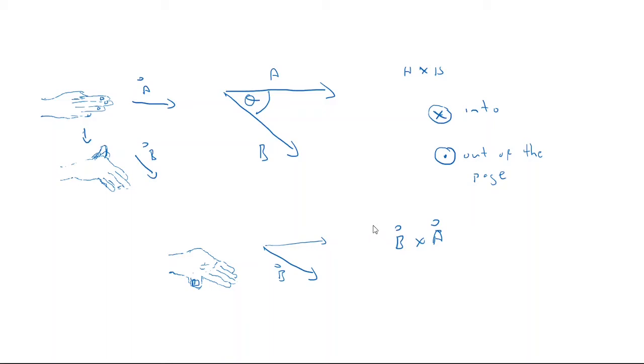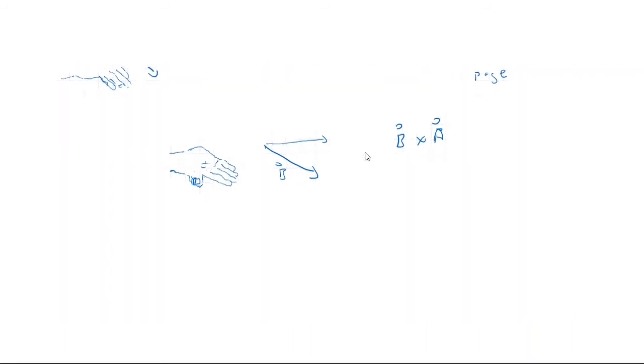And then you just curl your fingers towards the second vector if you want, and then you can close it. So since the second vector is upwards, so your next step is going to be, I don't know why I'm so bad now with drawing. I think I will start practicing.